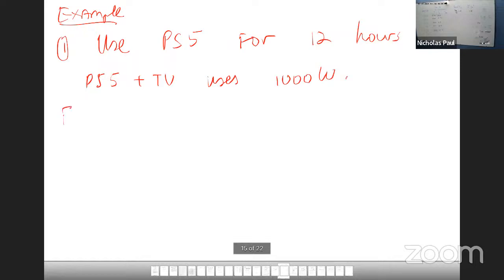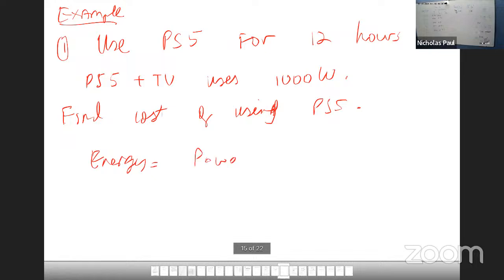Let's see if we can find the cost of using the PS5. So first things first, let's find the energy being used. The energy being used is power multiplied by time.